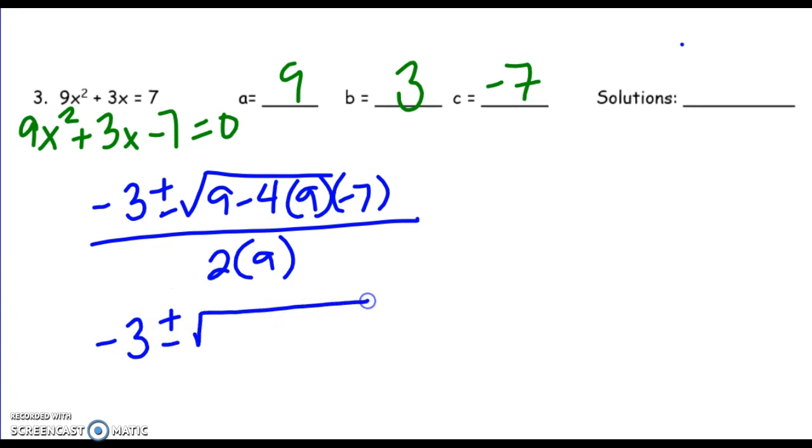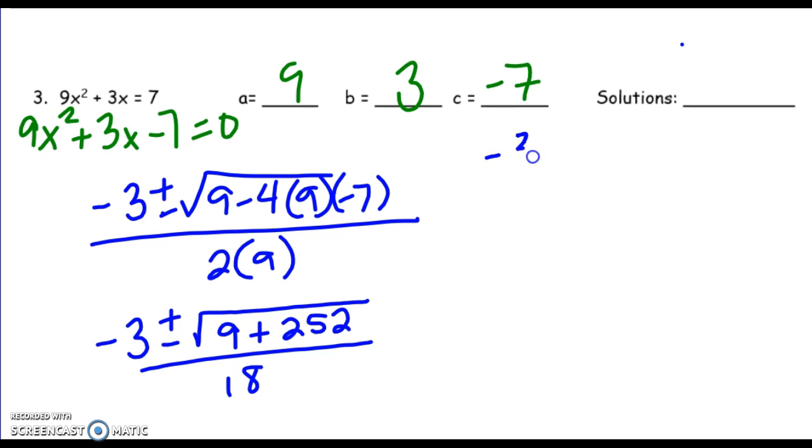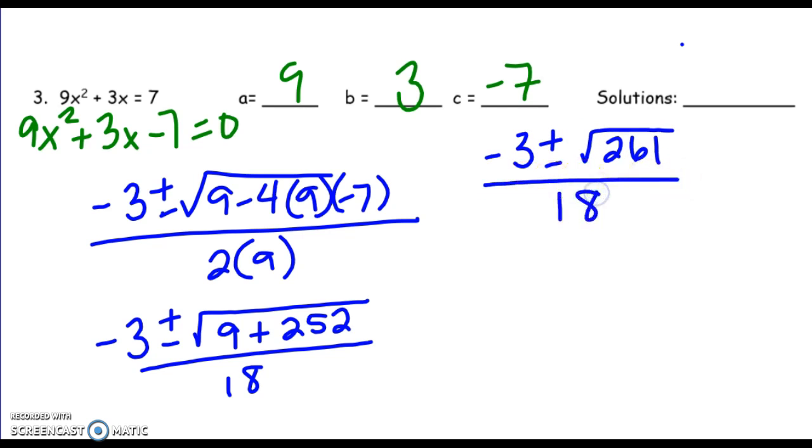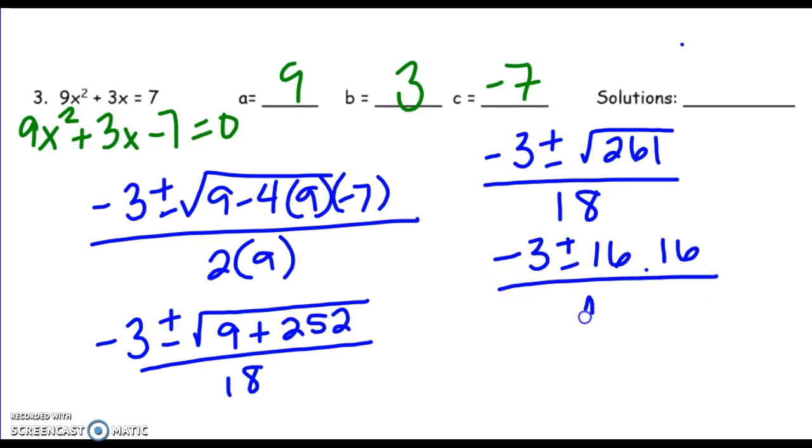Plus or minus, that would be 9. It's going to end up being plus 36 times 7 is 252, all over 18. So I get negative 3 plus or minus the square root of 261 all over 18. And the square root of 261 is approximately 16.16 over 18.